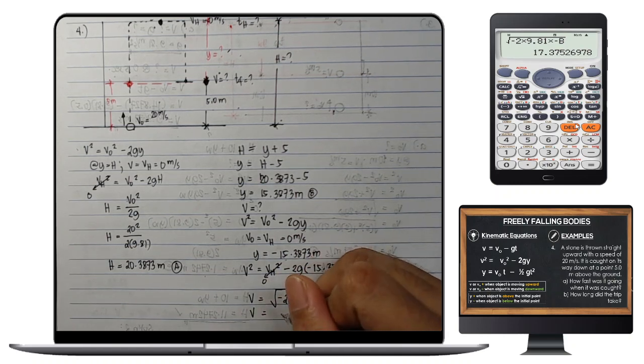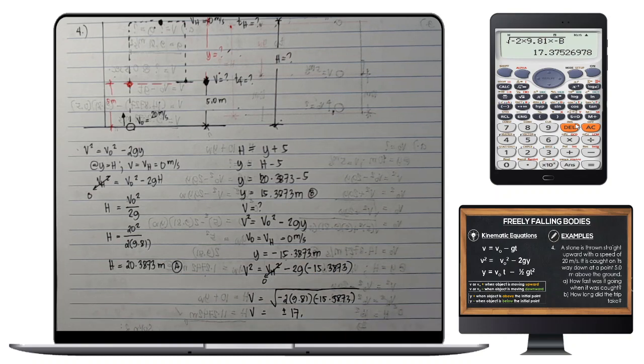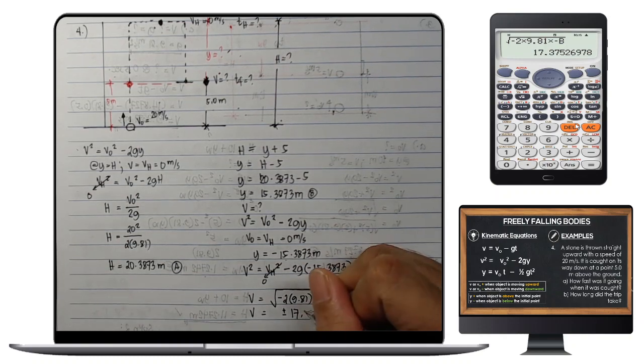So, velocity natin dito is positive, negative, kasi square root yan, 17.3752 meter per second.